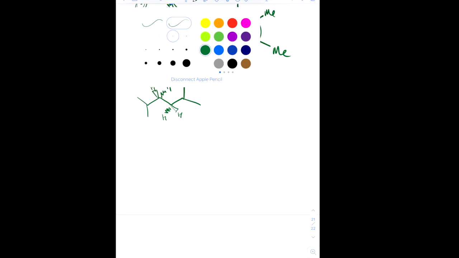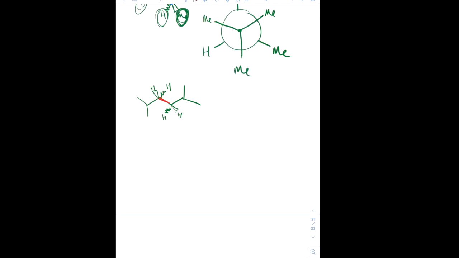So what we want to do is this weird molecule right here. We're going to look down this chemical bond from this side with my eyeball. First things first, indicate this is the front carbon. So here we go, we've got our circle. I don't like it. I'm sorry that I'm picky.